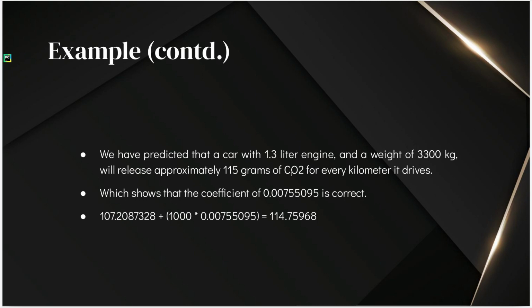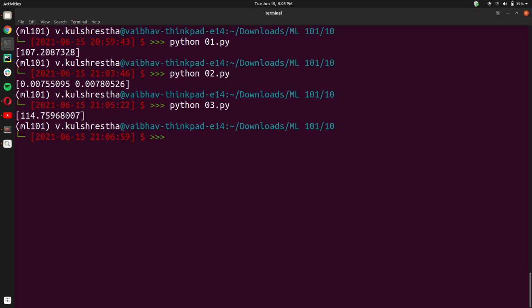And this shows us that our coefficient of 0.0075 was correct, because if you increase the weight by 1000 kilograms, the new CO2 emission prediction is 107, which was the old one, plus 1000 into 0.0075, and the value we get is 114.75968. It is quite close to the one that we actually got.